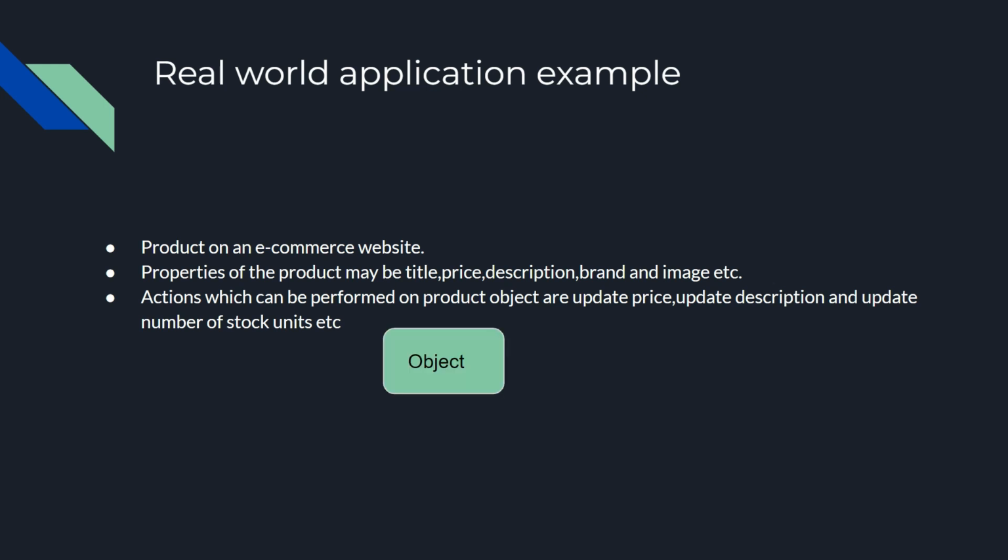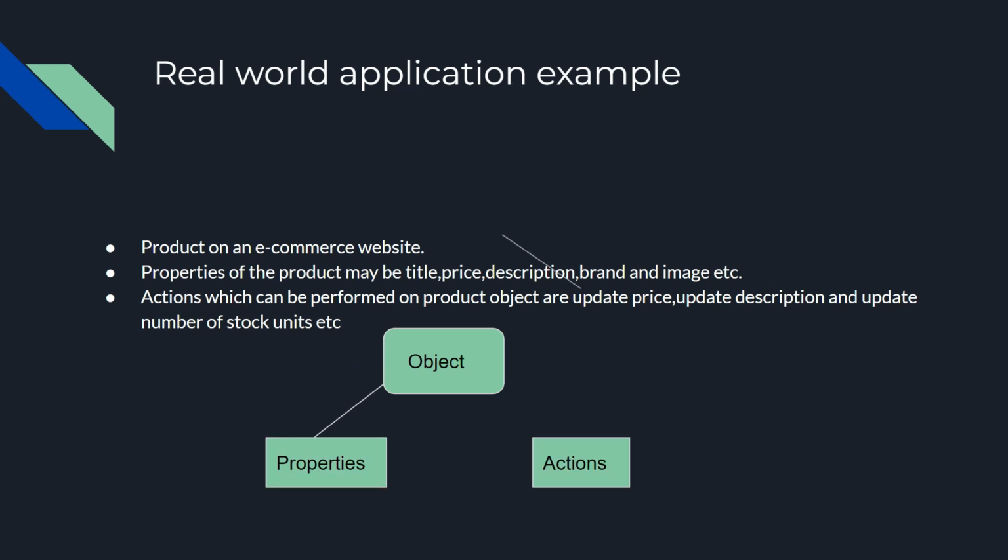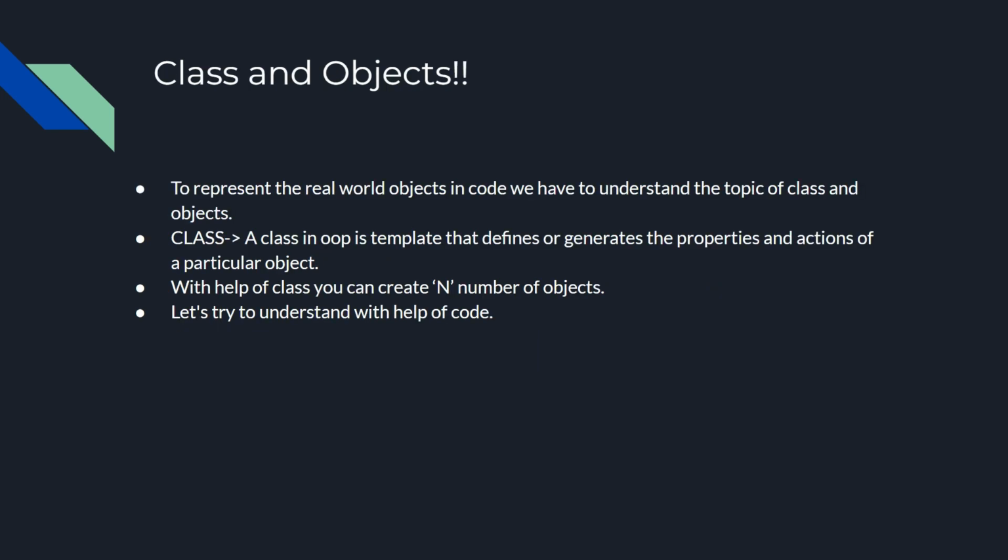So we have looked into an object, and we have learned that an object is made up of two things: one is properties, another one is actions. So to represent the real-world objects, whatever we see in this world, in code, we have to understand the topic of class and objects. We have looked into what objects are and the properties and actions of the object. Let's try to understand a class.